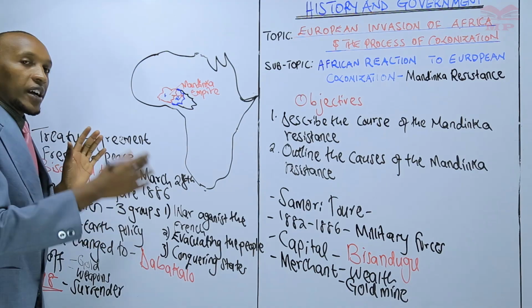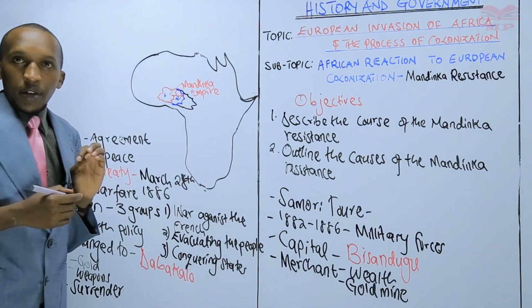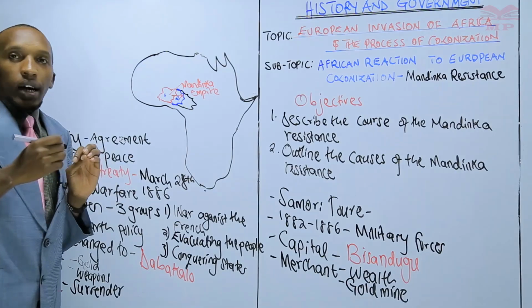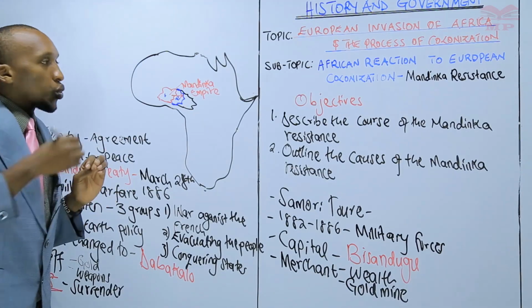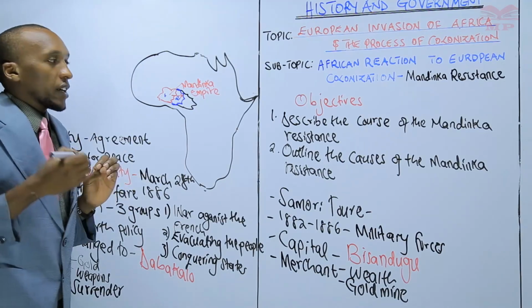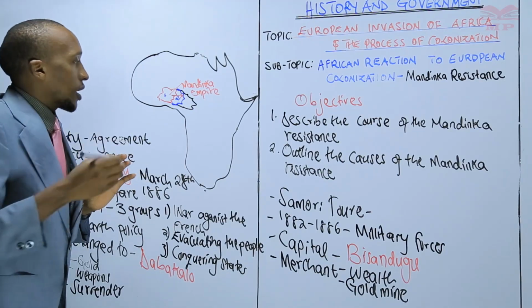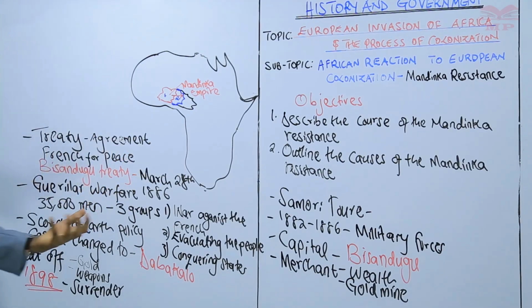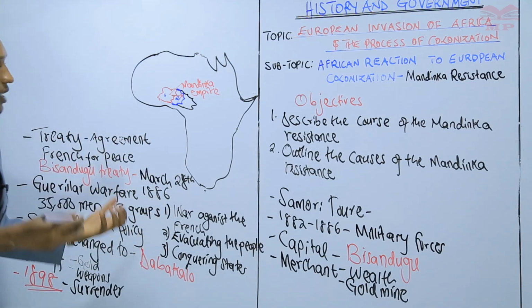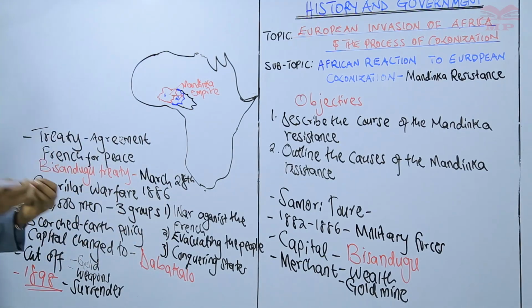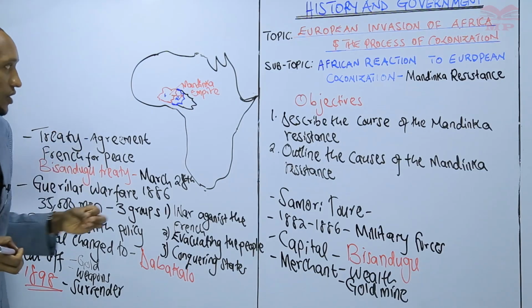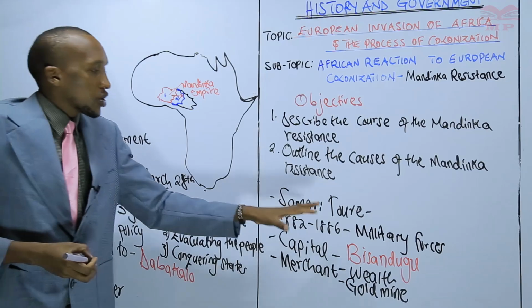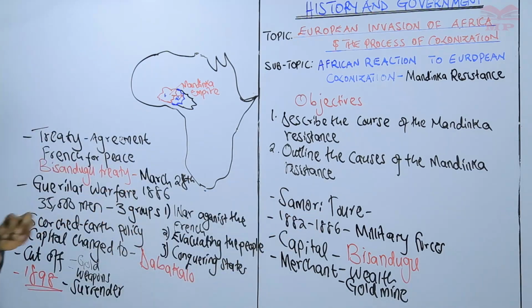He had a very prolonged resistance against the French, and we are going to look at the reasons that gave him a very prolonged resistance. So, my dear learner, we have looked at how the Mandinka people fought against the French. They were led by Samori Ture, and we have discussed all those details.